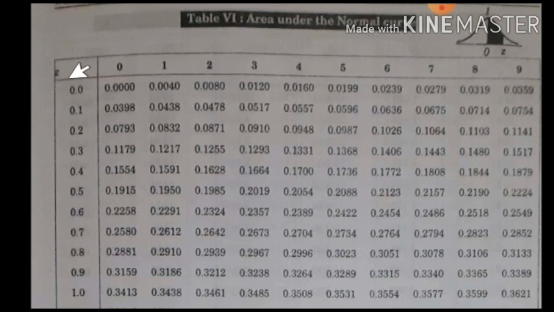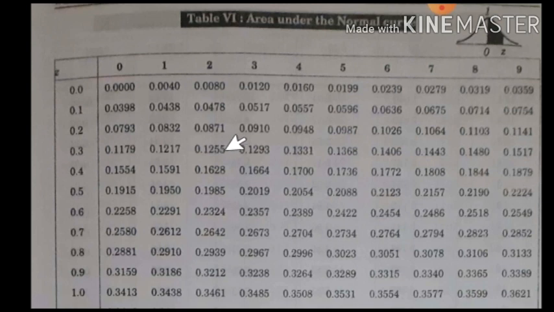For z value 0, 0.1, 0.2, 0.3, and if you need to find the area under the normal curve for z equal to 0.32, 0.32 means 0.3 row-wise and 2 column-wise. We need to see, that is 0.1255.